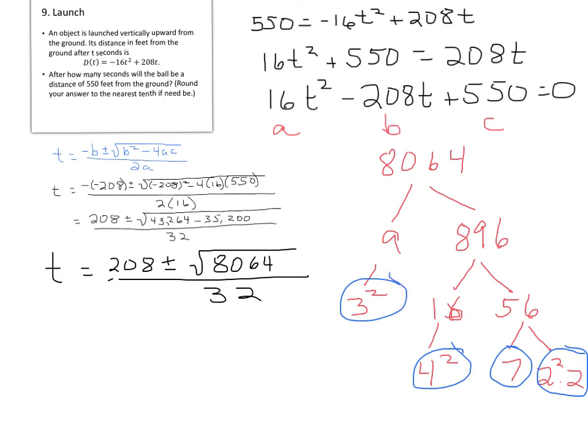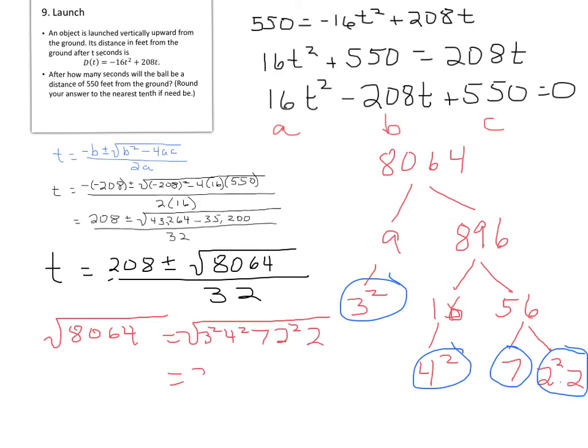So let's rewrite that. We have the square root of 8064 equals the square root of 3 squared, 4 squared, 7, 2 squared, and 2.